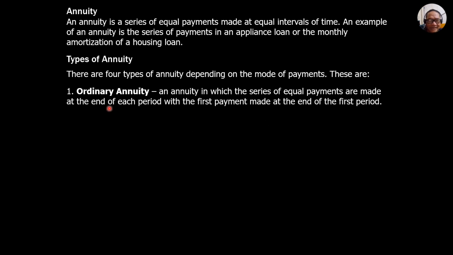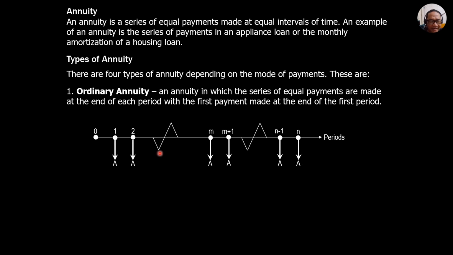So there's a need to draw the cash flow diagram for this ordinary annuity so that we can derive the formulas for present worth and or future worth. This is the cash flow diagram, and at the end of each period we put the equal payments, which is denoted by A here.